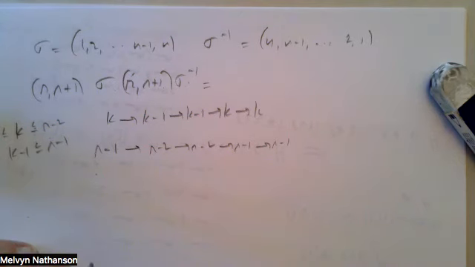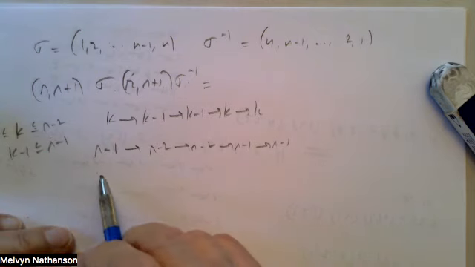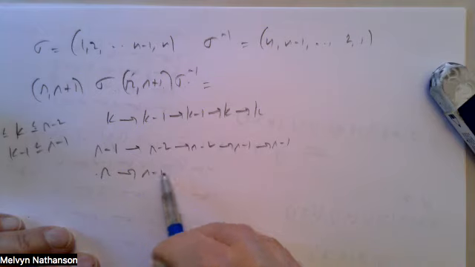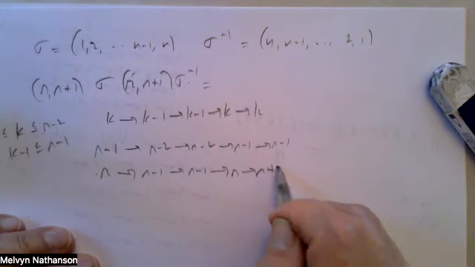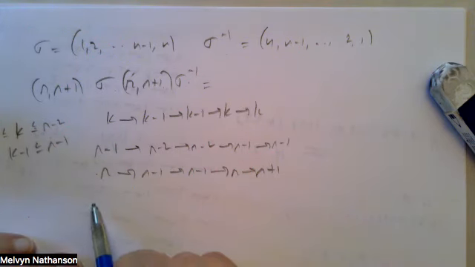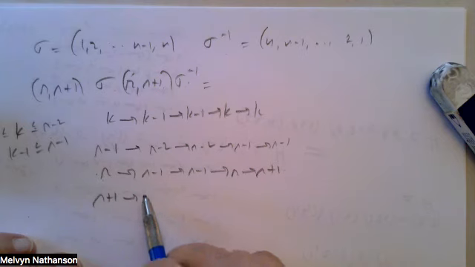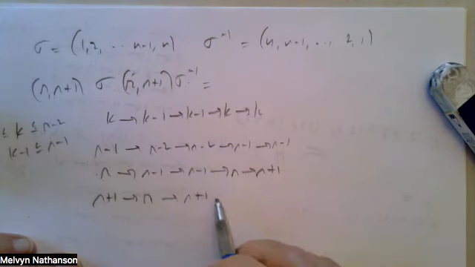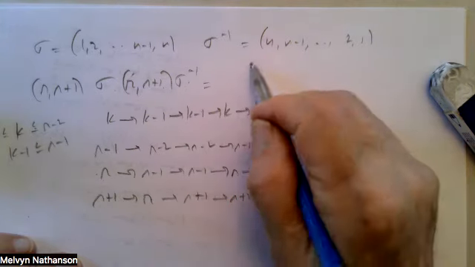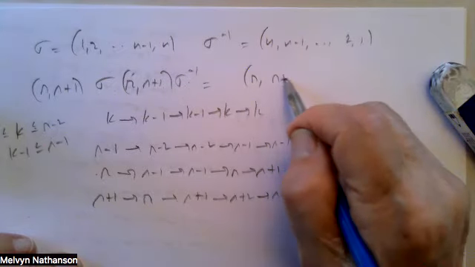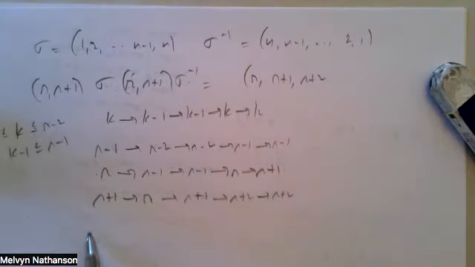So that also doesn't move. What about R? So R goes to R minus 1, goes to R minus 1, goes to R, goes to R plus 1. So R moves up by 1. R plus 1 goes to R, goes to R plus 1, goes to R plus 2, goes to R plus 2. So R plus 1 goes to R plus 2. So when R goes to R plus 1, R plus 1 goes to R plus 2.